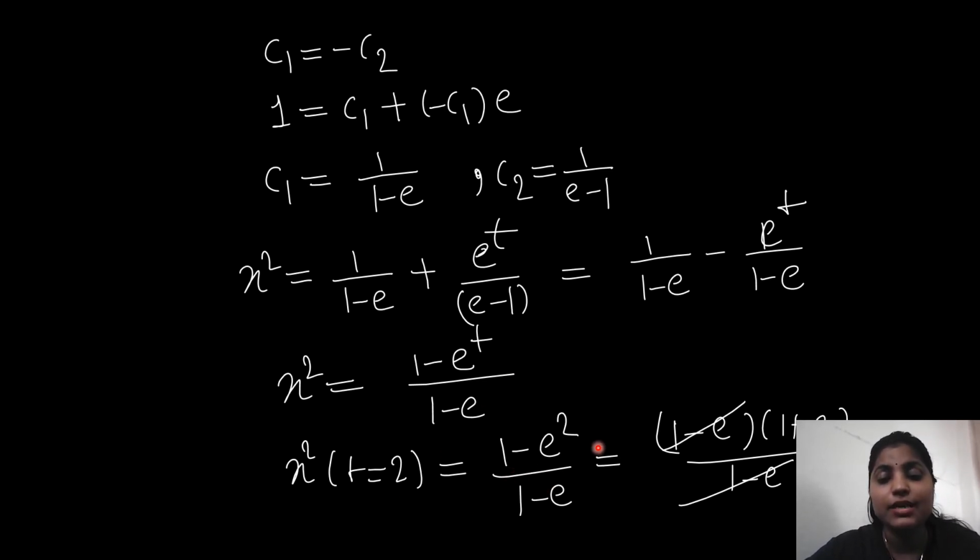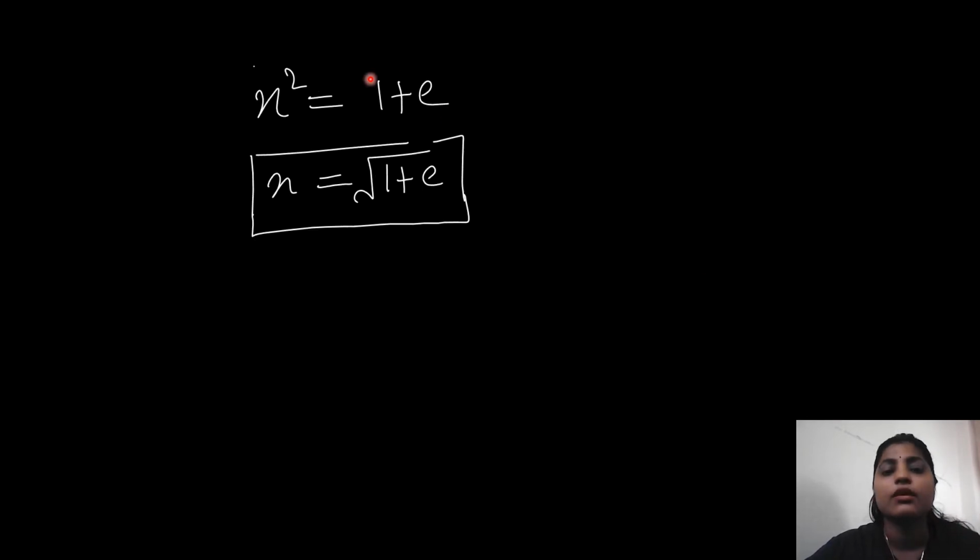You will get 1 minus e square upon 1 minus e. Solve this. You can expand the numerator by the a square minus b square formula. So you will get 1 minus e times 1 plus e divided by 1 minus e. So you will get x square is equal to 1 plus e. So x will be equal to under root 1 plus e. So this is your answer.